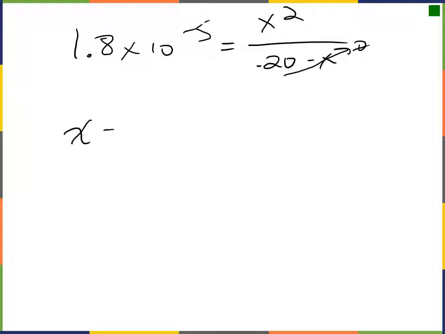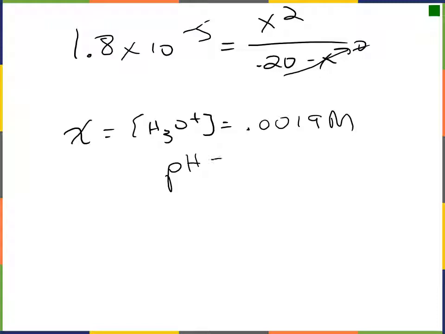And when we solve for this, we're going to get x is equal to the concentration of the hydronium, and that value is 0.0019 molar. pH is a minus base 10 log of that, and pH is 2.72. So it's a weak acid, and instead of being a pH of down 1-ish, which it would be with a strong acid, it's going to be a pH of about 2.72.